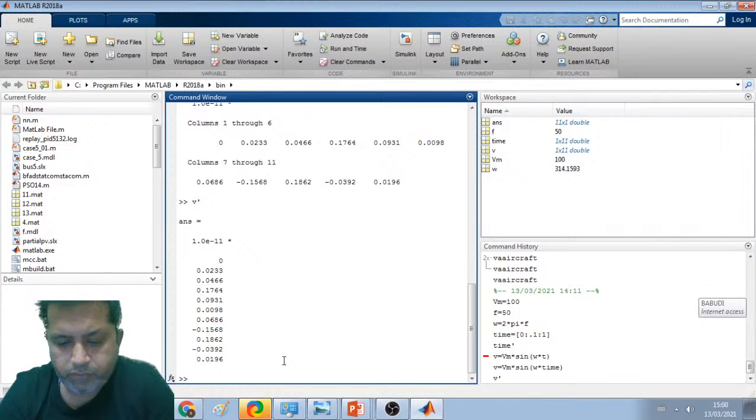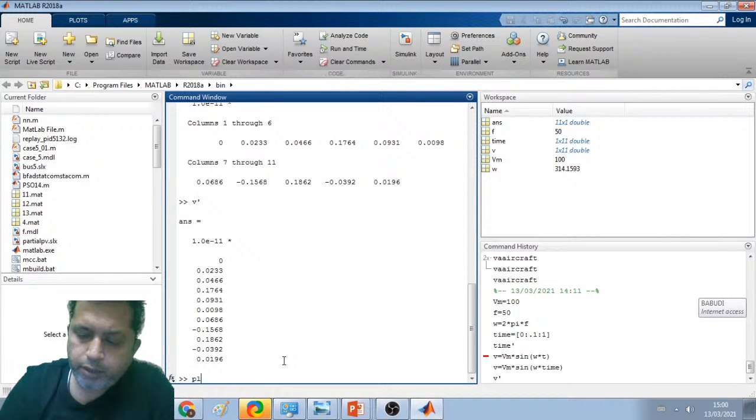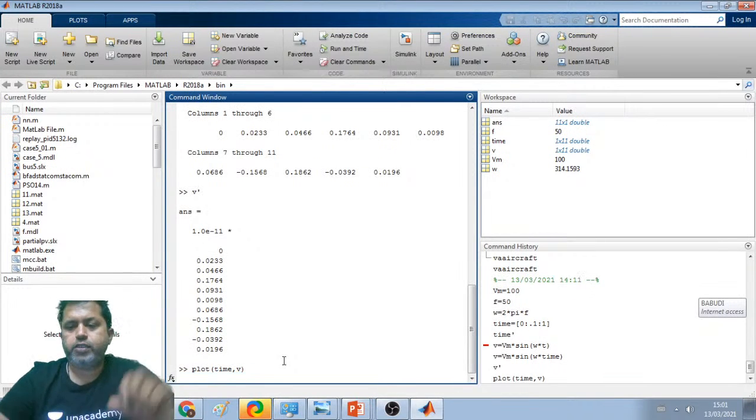Can we plot with respect to time? Let us see. Plot command, x is time and y is voltage. Let us see.